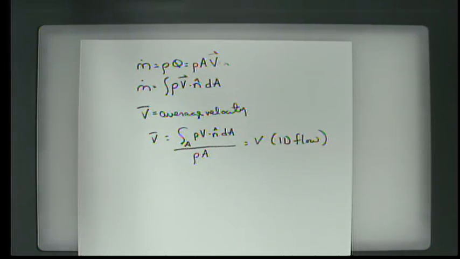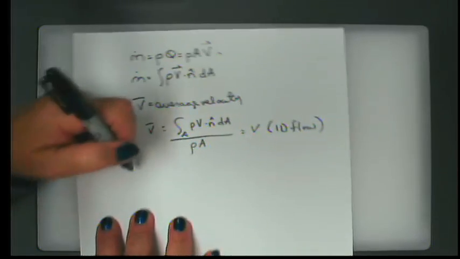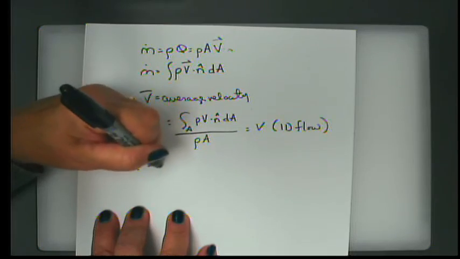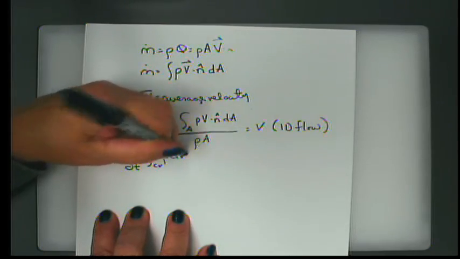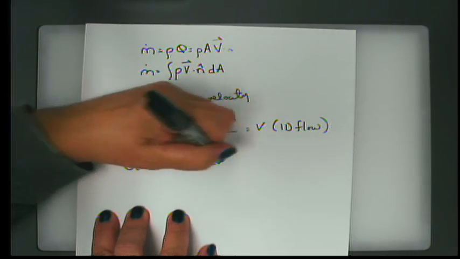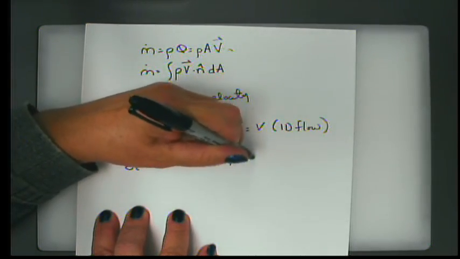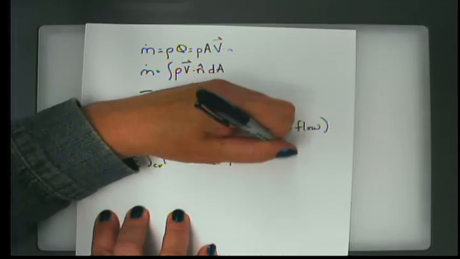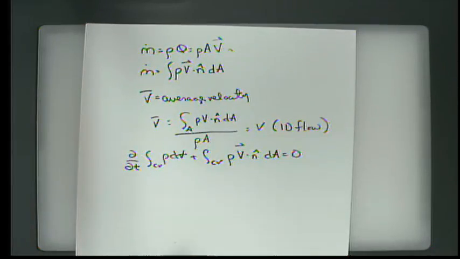So your textbook then breaks down some examples. If you have a steady flow, let's go ahead and write this out. If we have this expression, this comes from Reynolds transport. Okay, good expression for the continuity equation.